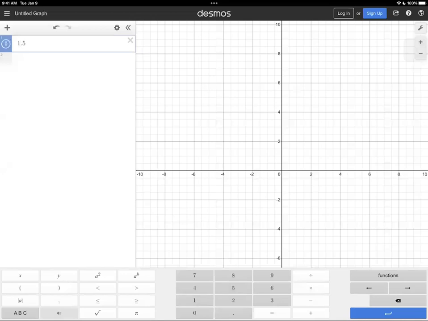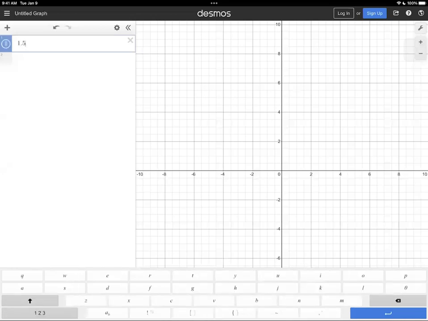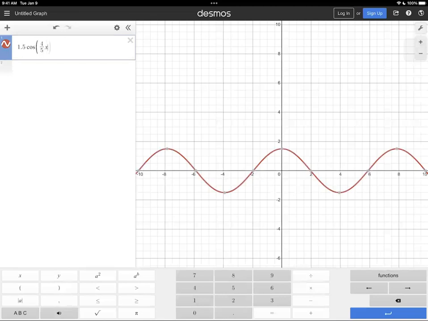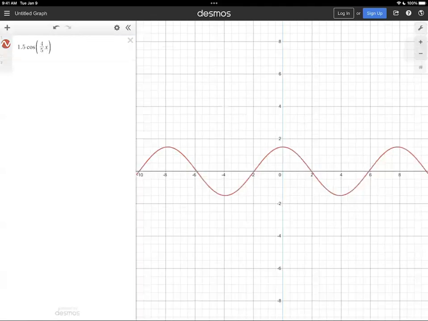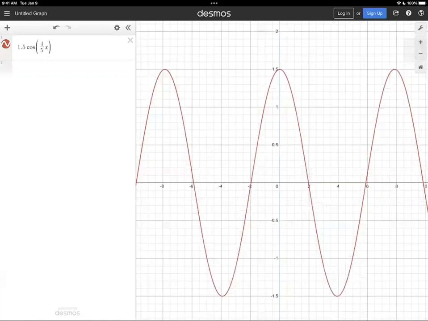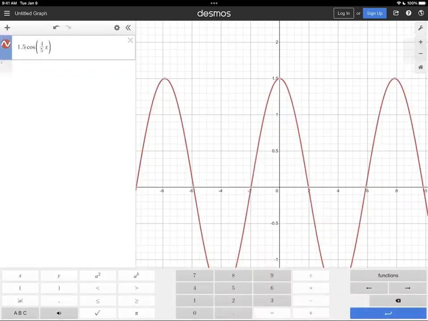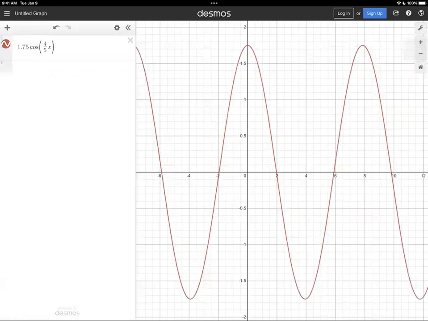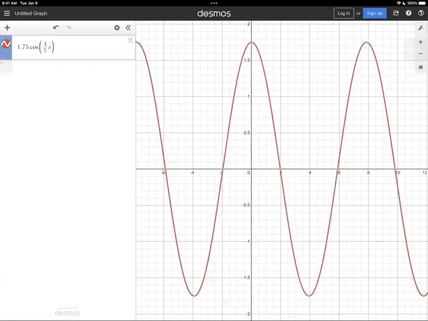And so we can see, 1.75, I think is what I said. One period seems to end. Oh, there it goes. Yeah, it tells us 5 pi over 2, comma 1.75.